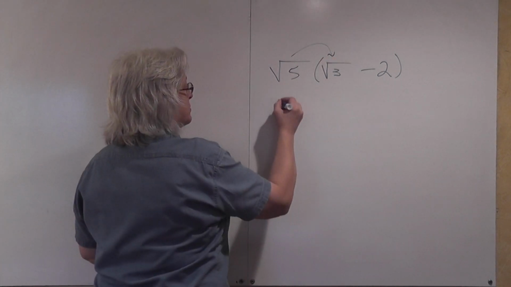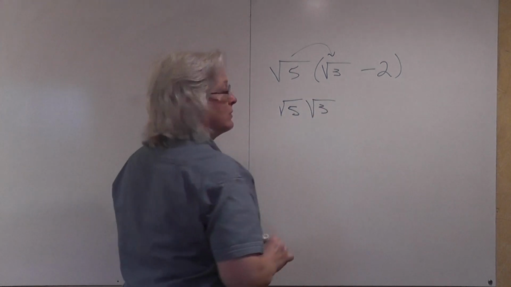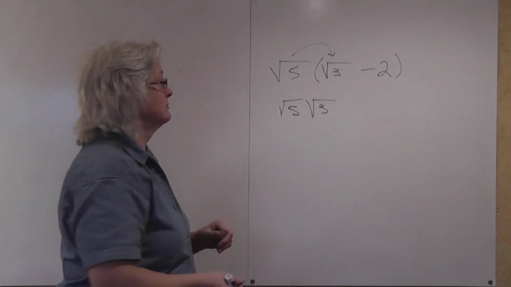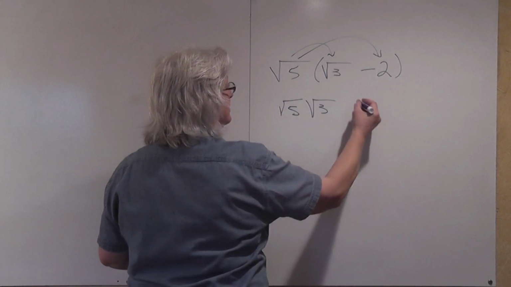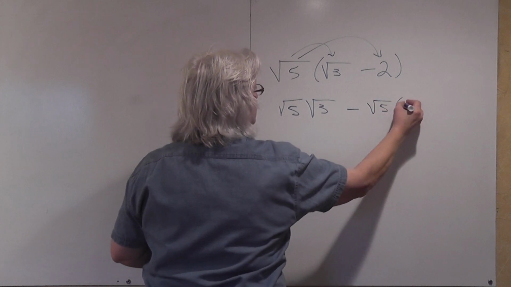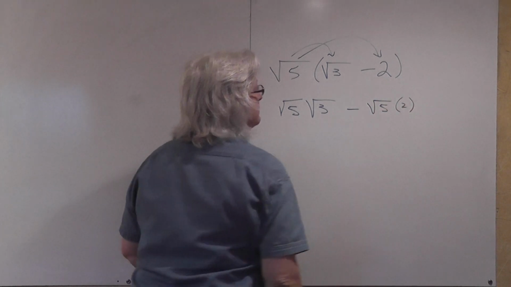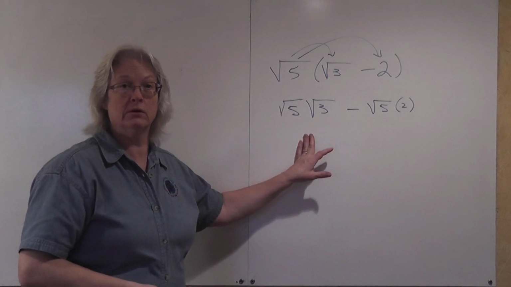First you have the square root of 5 times the square root of 3. Next, square root of 5 times negative 2 becomes minus the square root of 5 times 2. Does everyone see exactly what I did here?